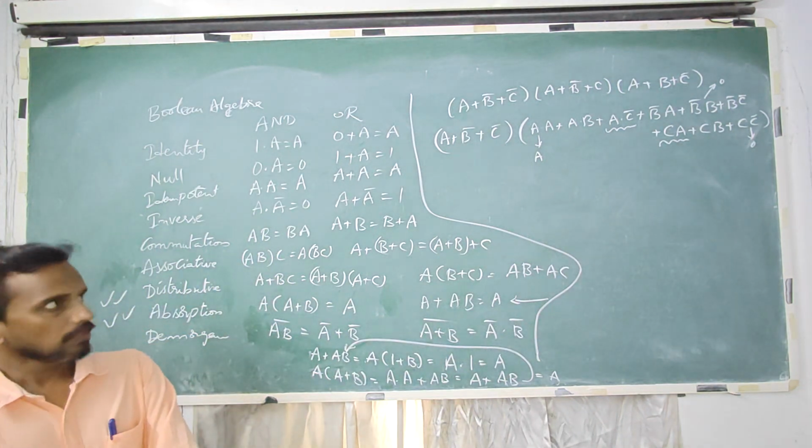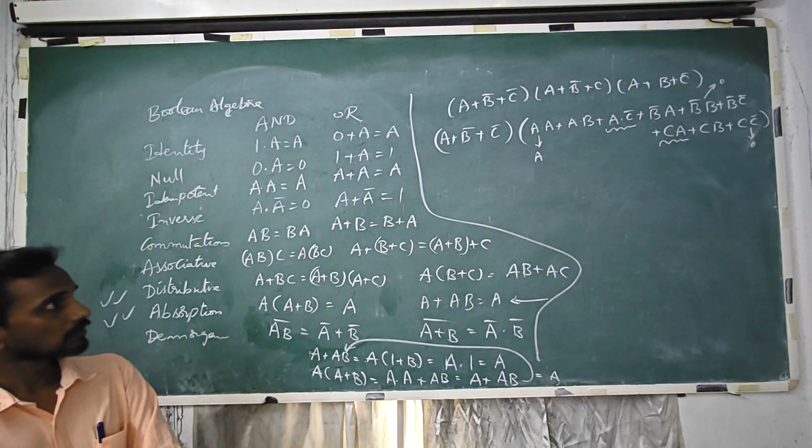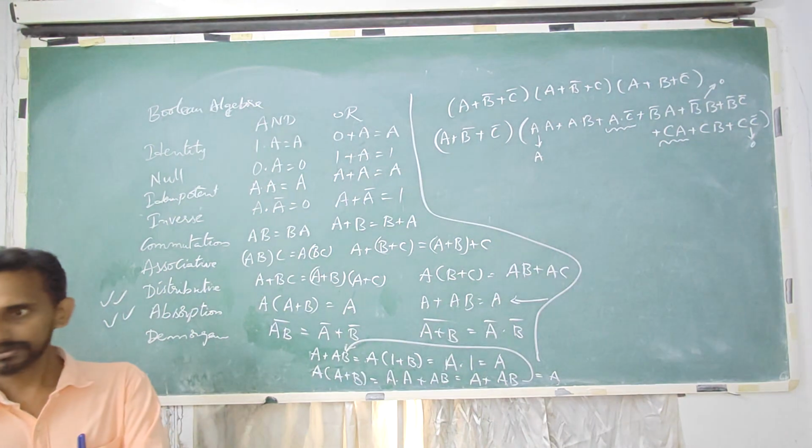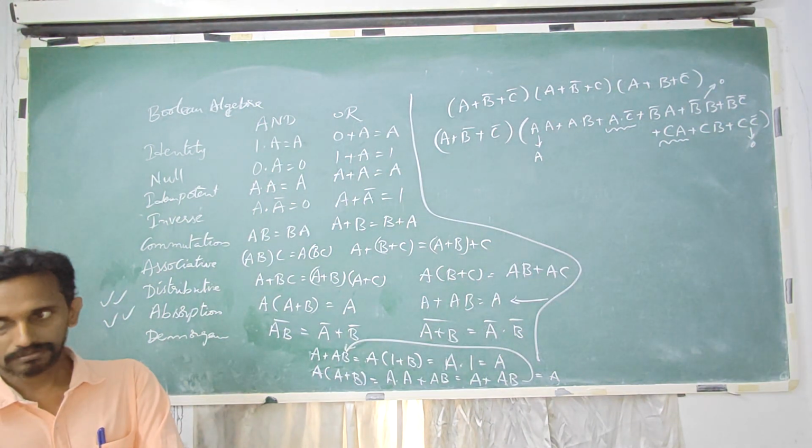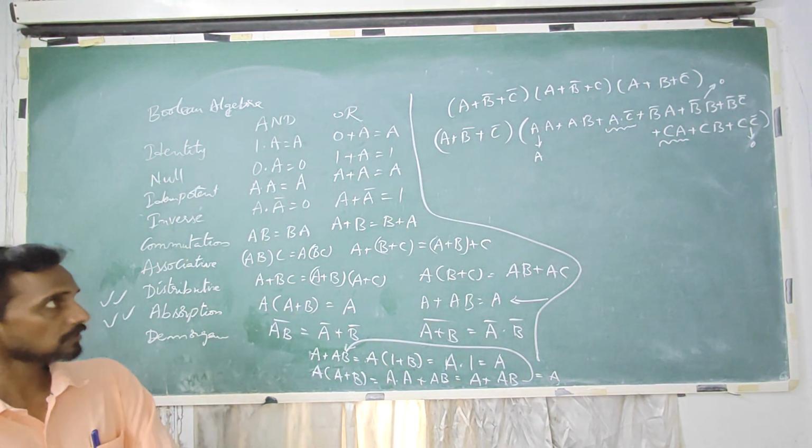We take A common, C plus C bar. C plus C bar is 1.